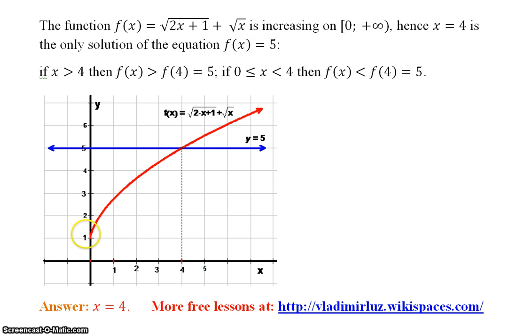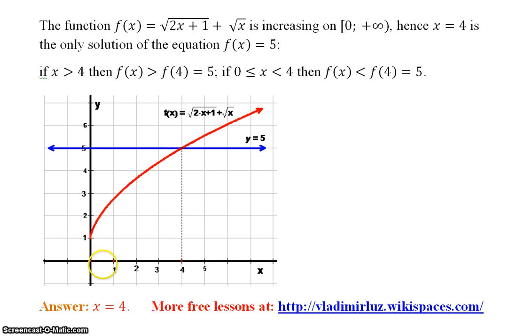The graph of this function is this one. You see, if x is 0, the value of the function is 1, and then it increases. And it gets the value 5 only once, when x equals 4. If x is greater than 4, to the right of 4, then the value of the function would be greater than 5.